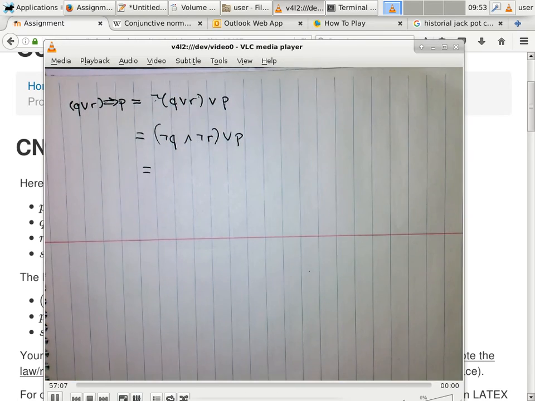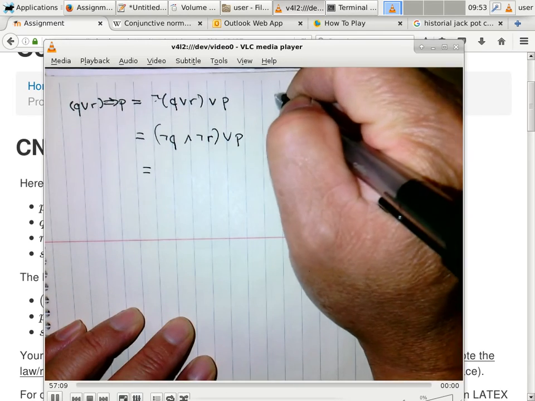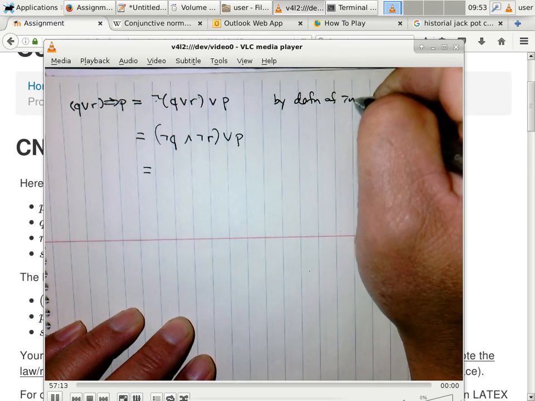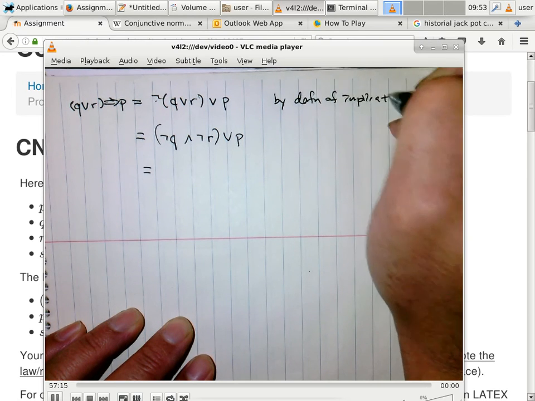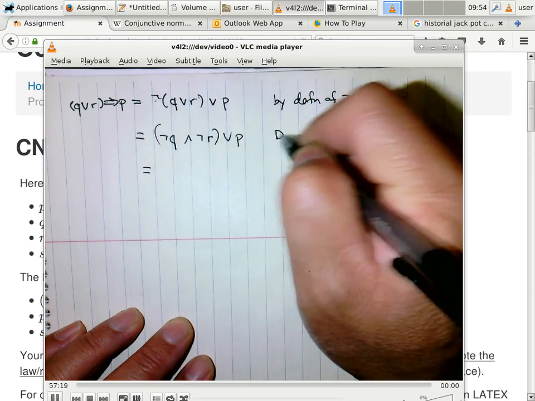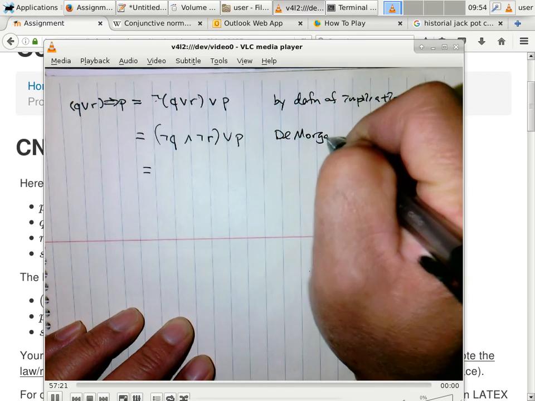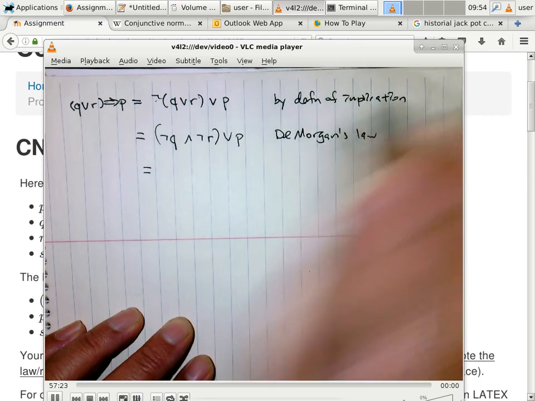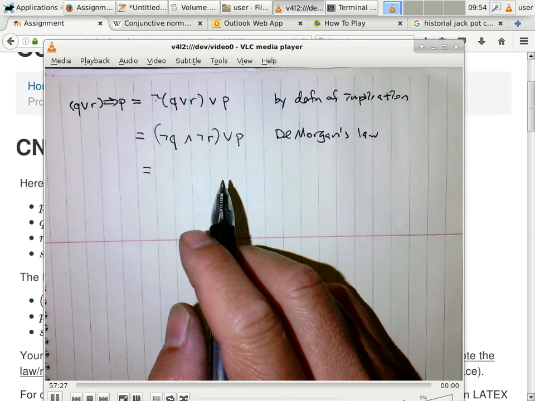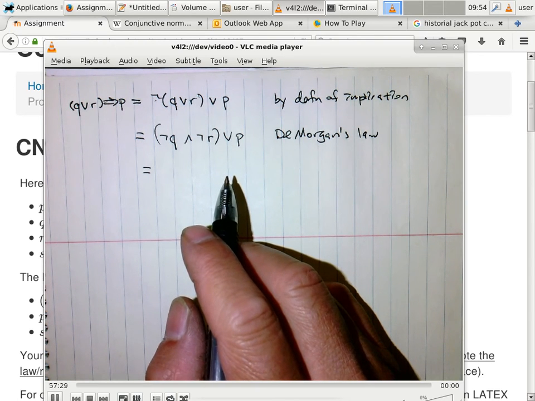Is that okay? So if I want to write down how this happens, this is by definition of implication, and this one is De Morgan's law. Now that we have this, we can apply the distribution.